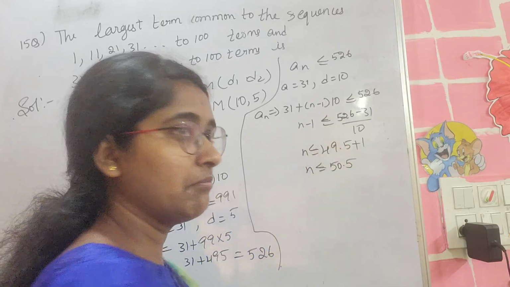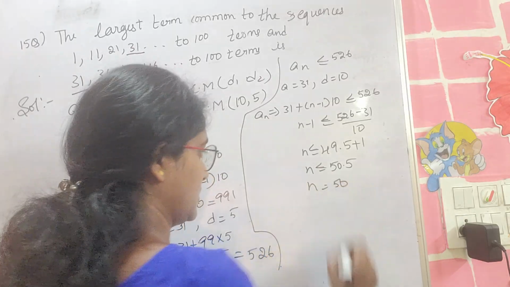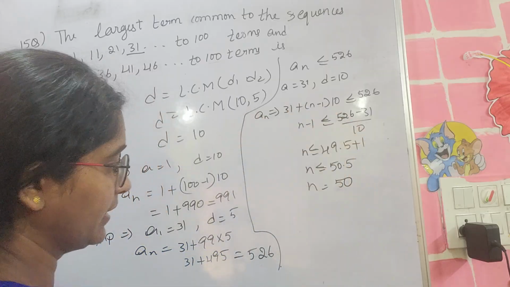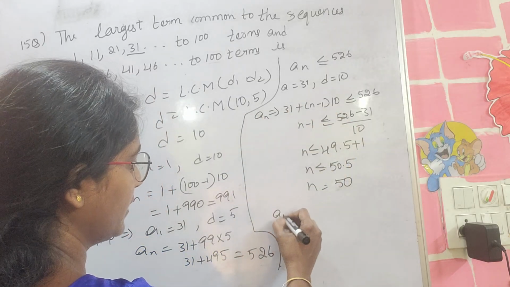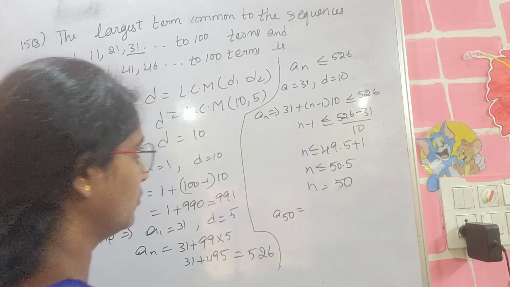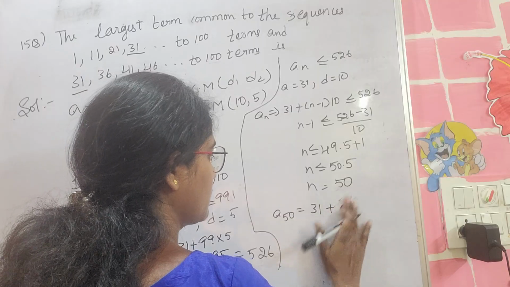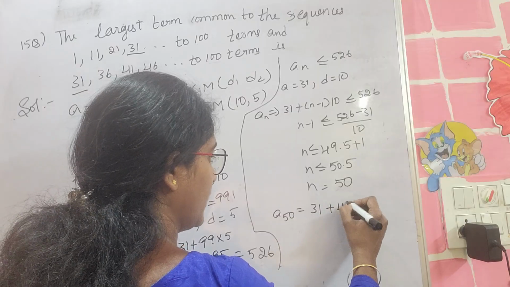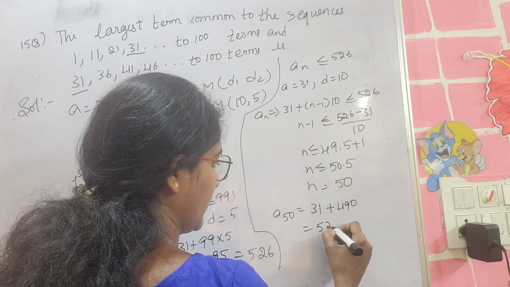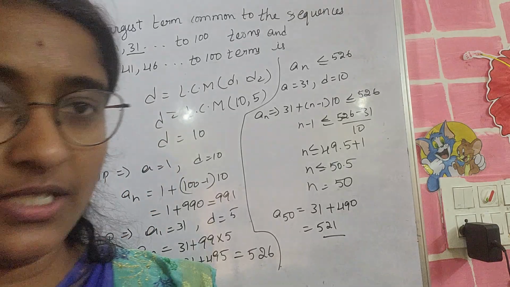Then n is always a natural number, so the highest value is 50. Now we'll find the highest value: the 50th term is the largest value. So 31 plus 50 minus 1, which is 49, into 10, 490. If I add it, 521 is your answer.